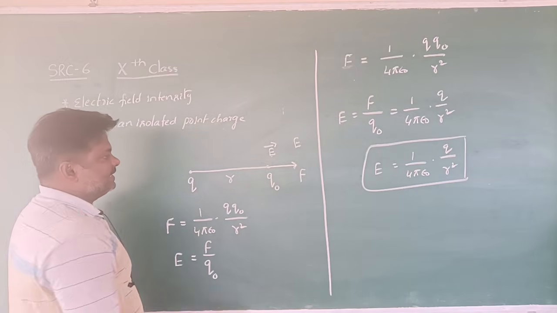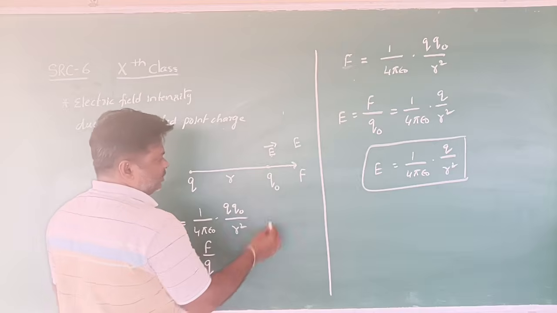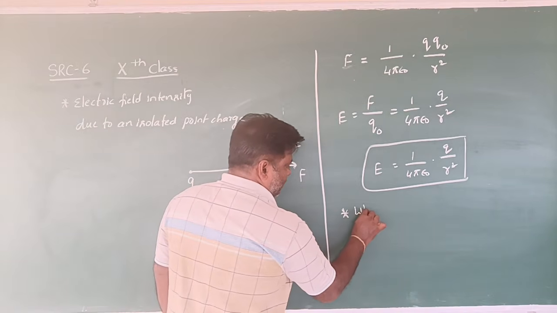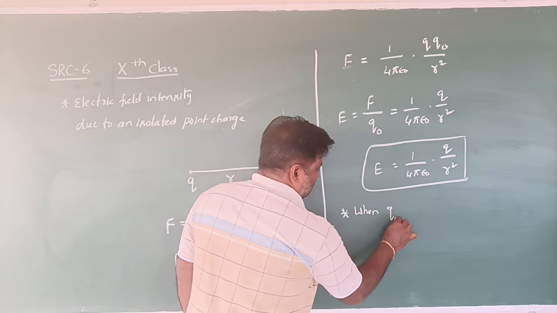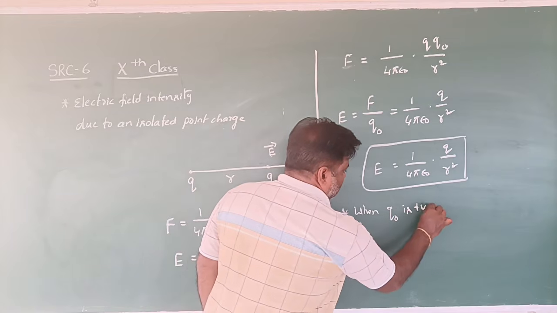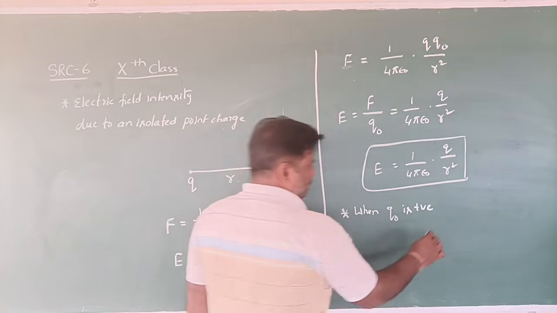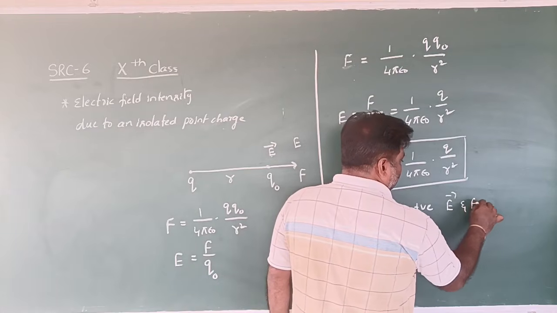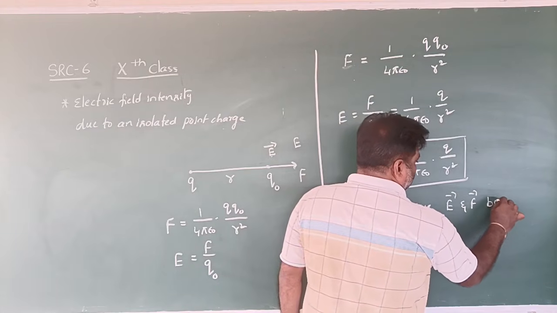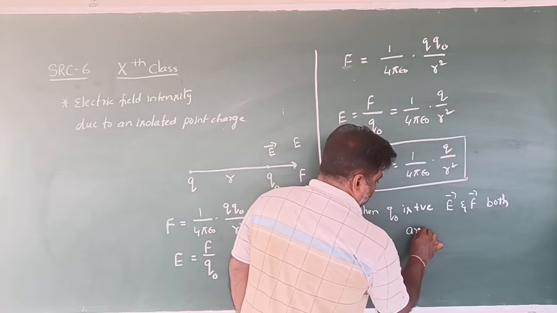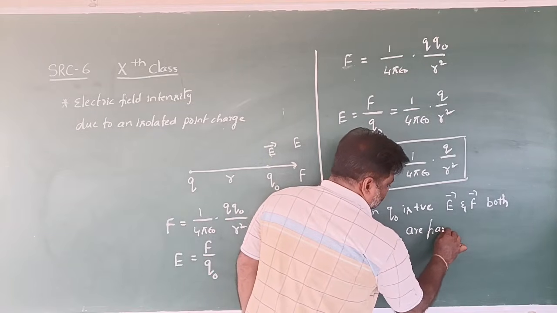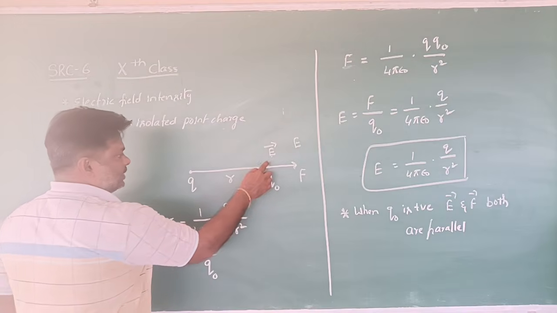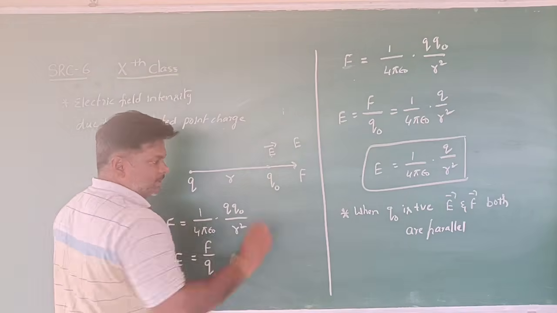Since it is a positive charge, we got this. And the electric field intensity is in the direction of the force. So just remember: when q naught is positive, the directions of E bar and F bar are both parallel.